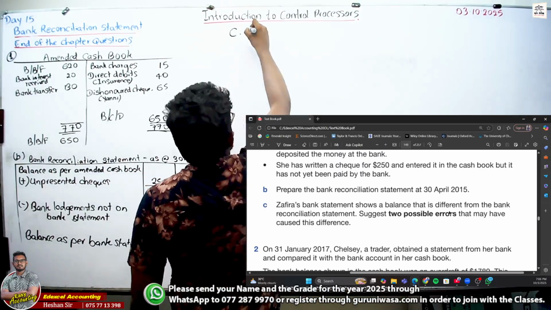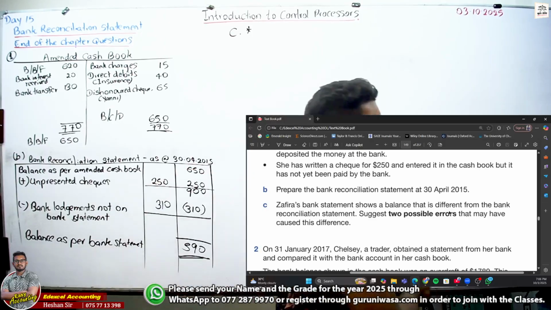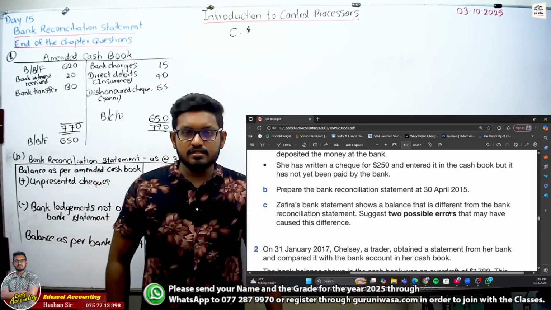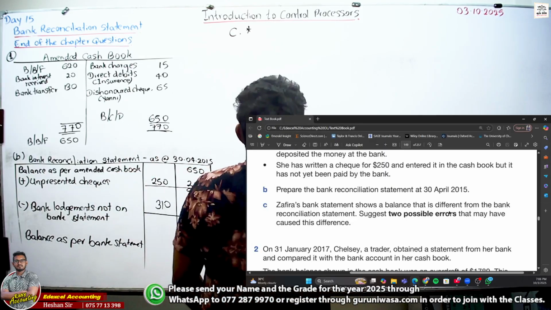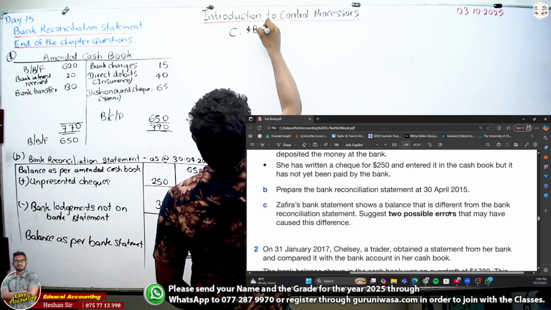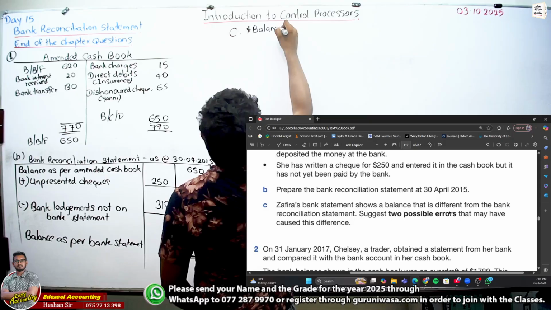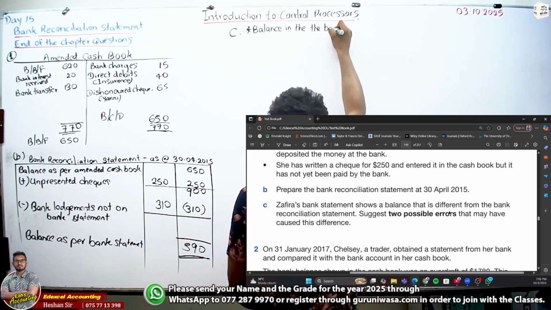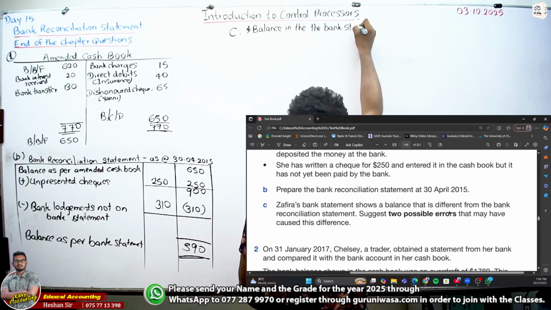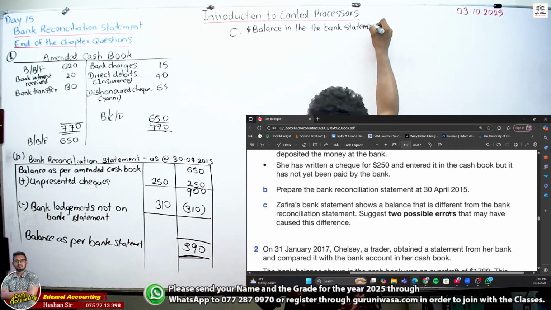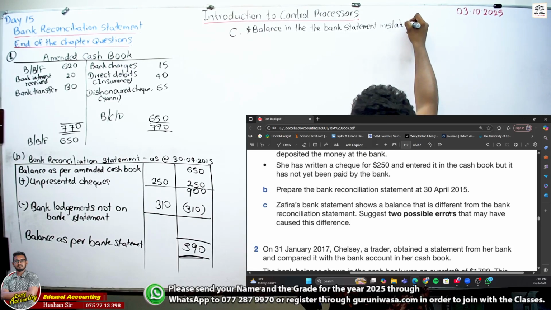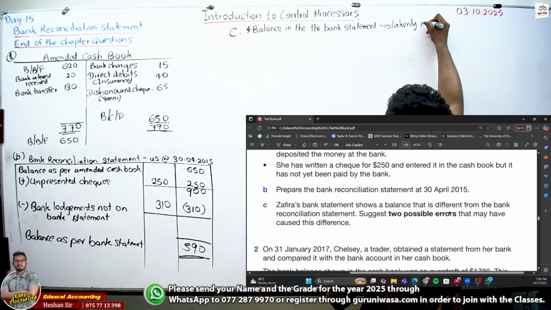First, you can write: when it comes to the bank statement, after every transaction we balance it, right? So balances in the bank statement mistakenly recorded.